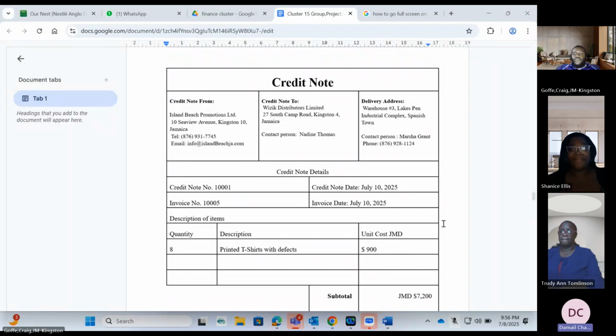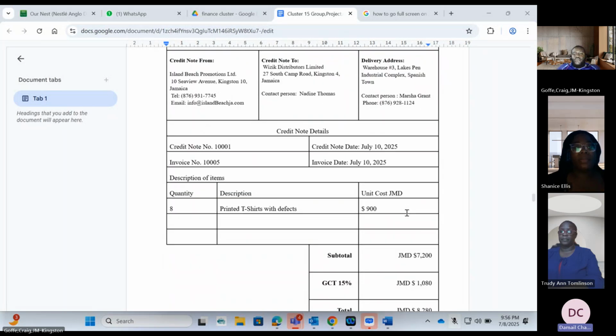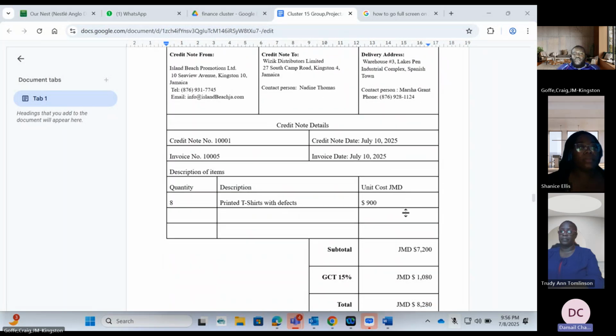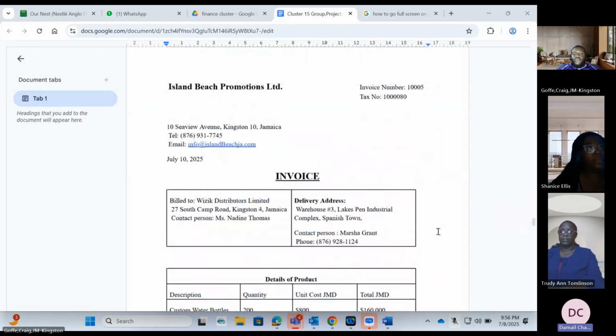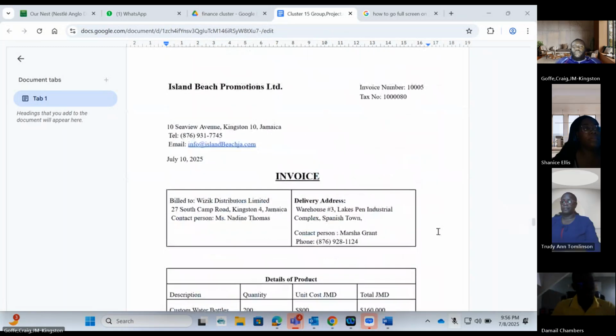The next document I'll touch on is the invoice. An invoice is a formal request for payment issued by the supplier to a company receiving products.